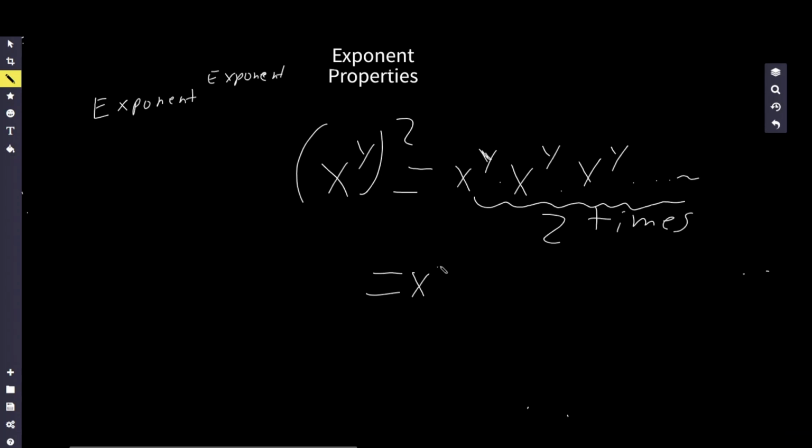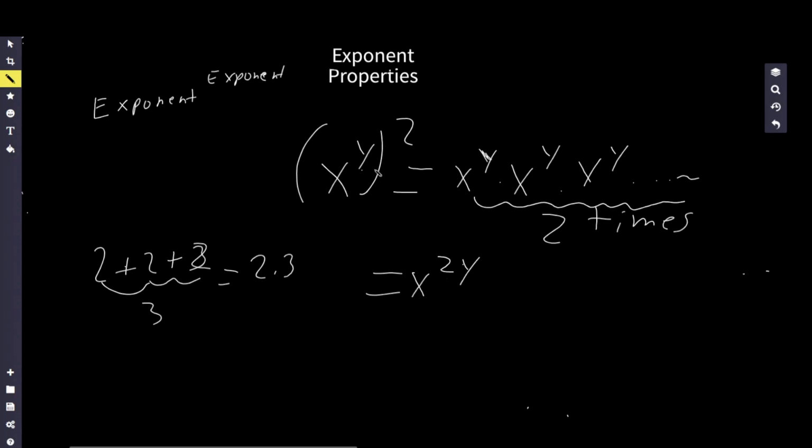So let's see. The base is just x, but what's the sum of y z times? Well, that's just multiplication. If we have 2 plus 2 plus 2, and we're adding 2 together 3 times, that's equal to 2 times 3. So that's the same thing here. If we're adding y plus y z times, then that's just z times y.